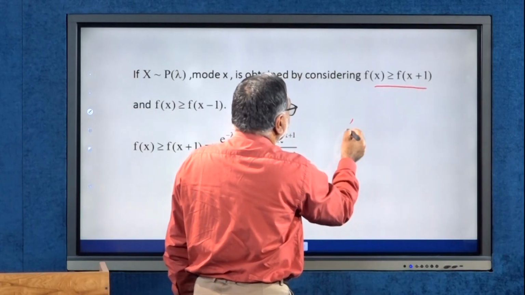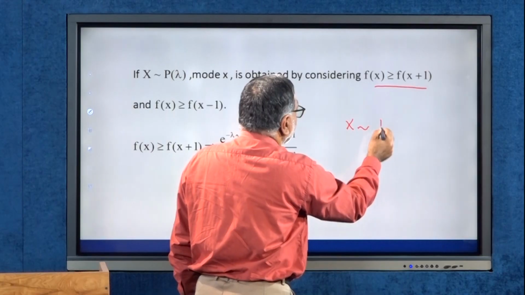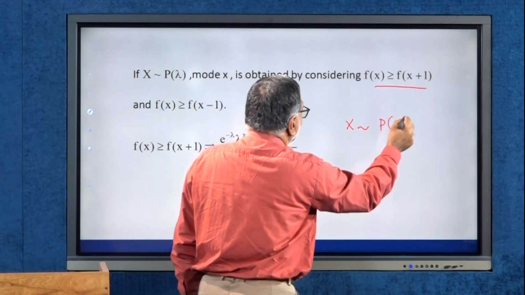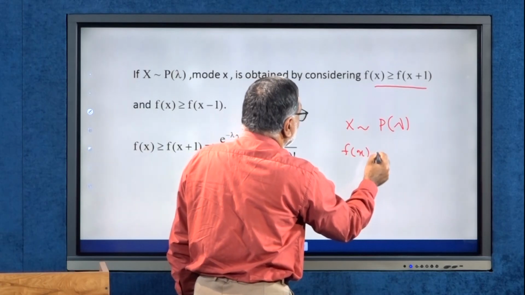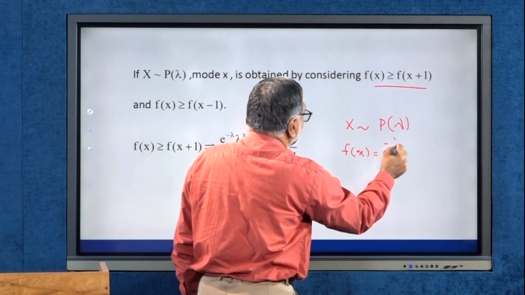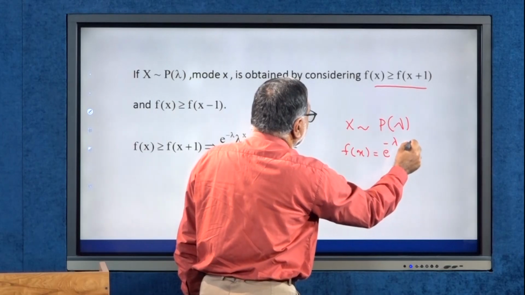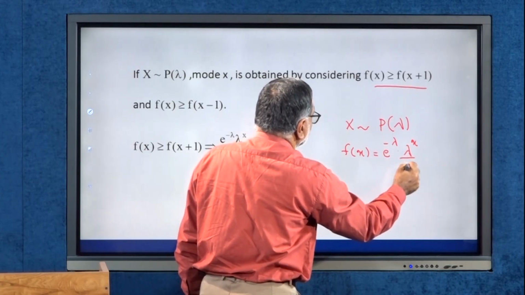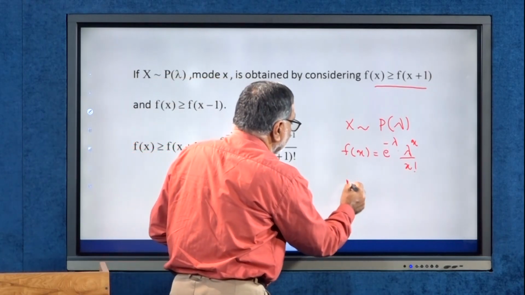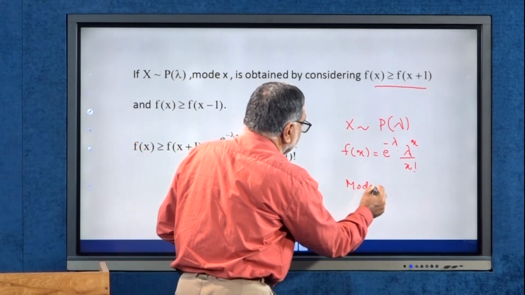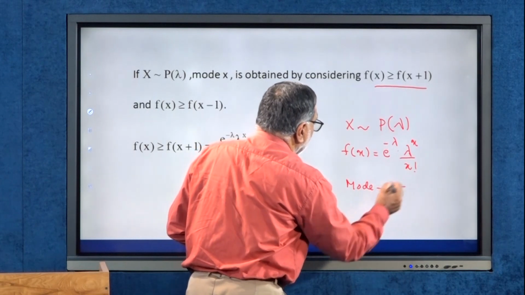So, you are given x as the Poisson random variable, and f of x is equal to e power minus lambda, lambda power x divided by x factorial. To get the mode of the distribution, suppose we assume x as the mode.